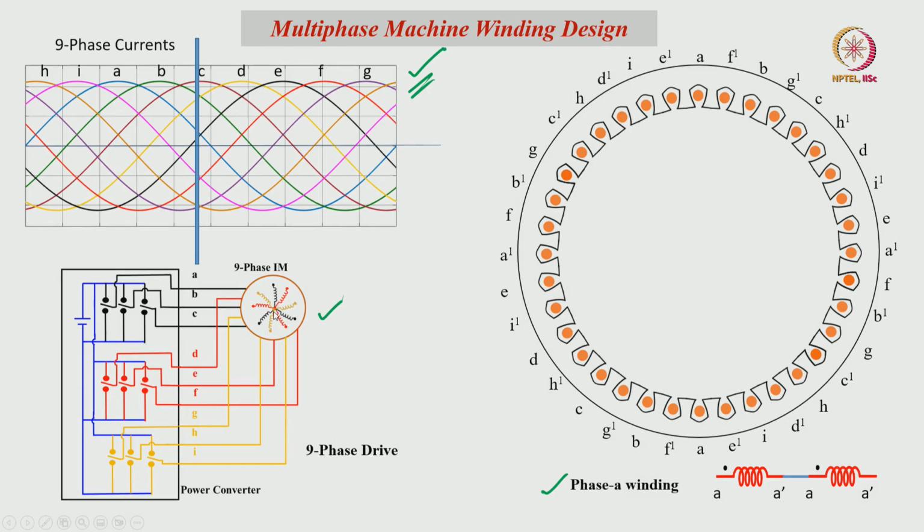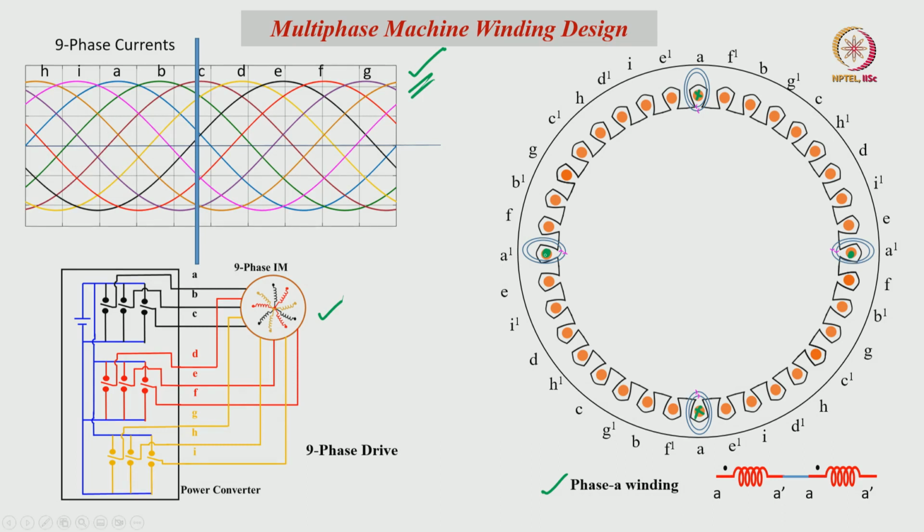One side of the 9 phases is connected in star, and the other side's 9 phase terminals are connected to the 9-phase power converter. Here I have connected all 9 phases in single throw double pole switch manner. We can also connect with a 9-phase inverter. The current I am considering at this particular instant is where the A phase current is positive, that means here cross and here dot, here also cross, here it is dot.